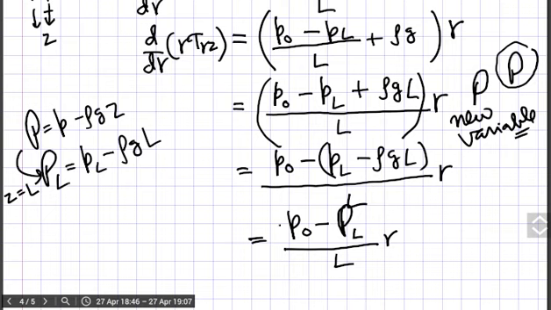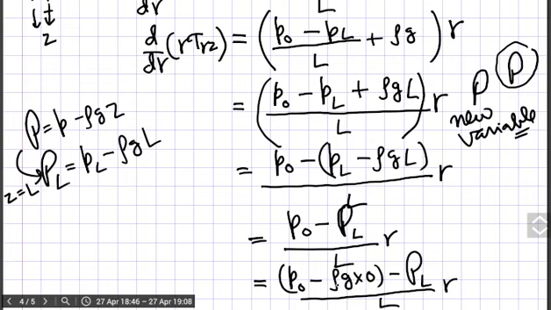P naught can also be written this way, with rho g multiplied by 0 and subtracted from P naught. So the same kind of equation you are getting, and for z0 you can write P naught is equal to P naught minus 0.